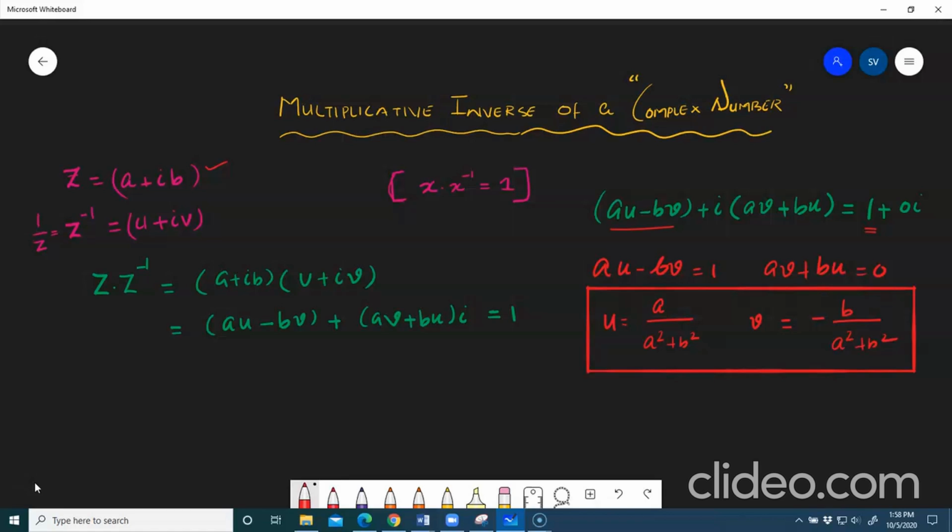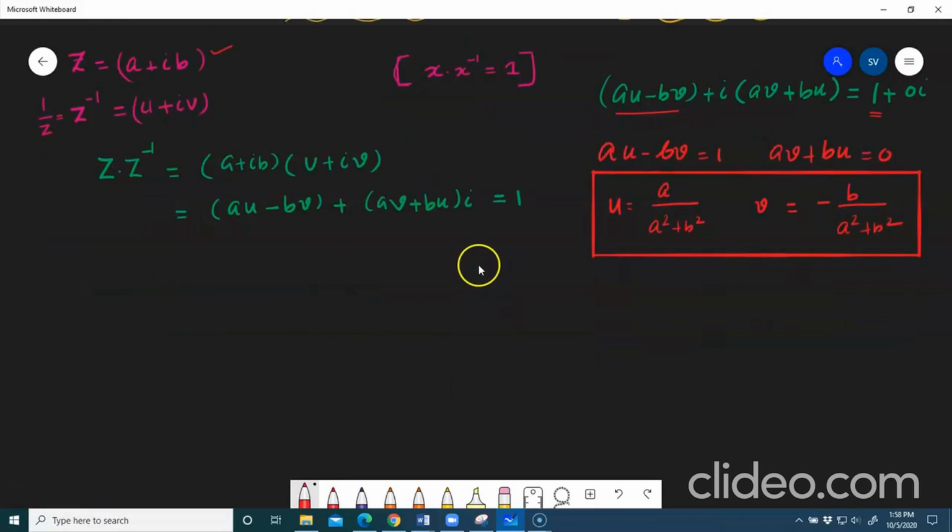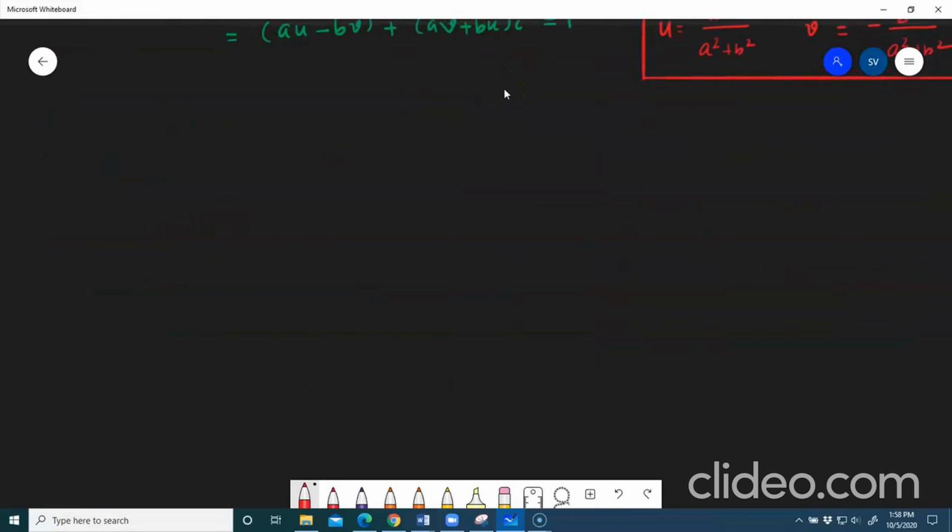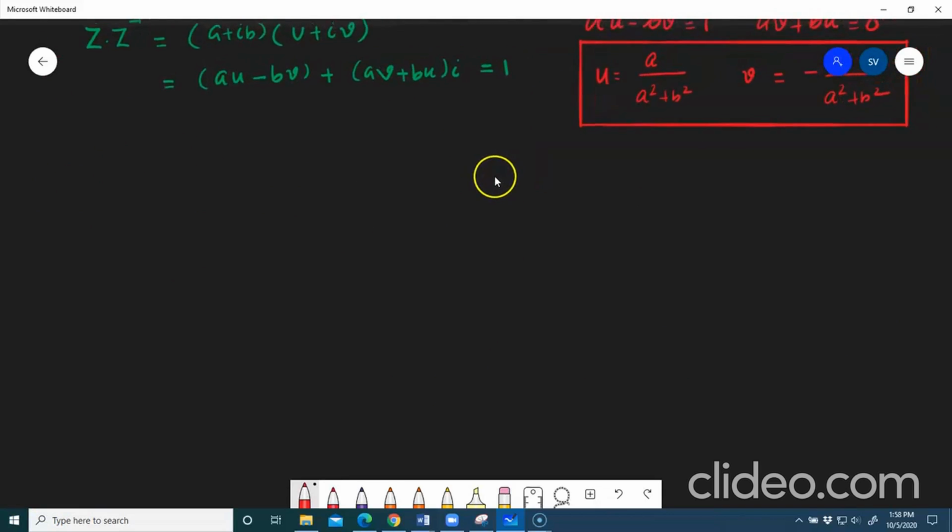Okay, let me show you one example. Okay, so we can try to divide 6 plus 3i over 10 plus 8i.